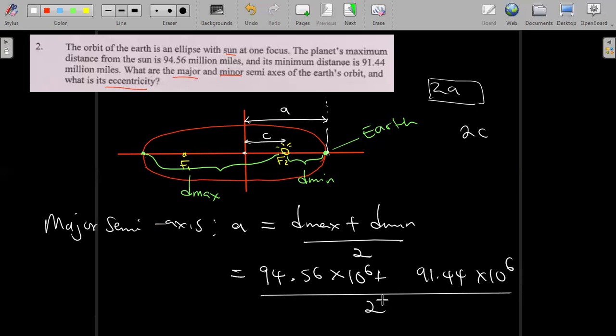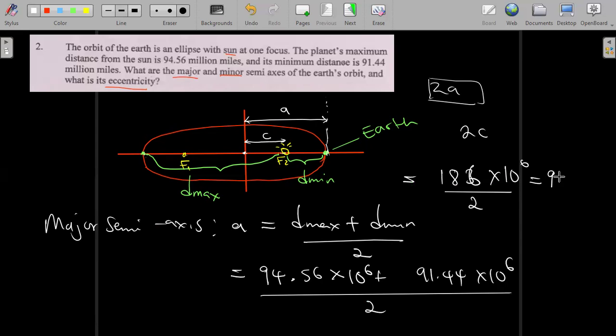By 2. Okay, so after getting this, when you punch it in your calculator or add these on top, you get 183.6 multiplied by 10 to the power 6, then divided by 2. I'll be rounding them off in advance.